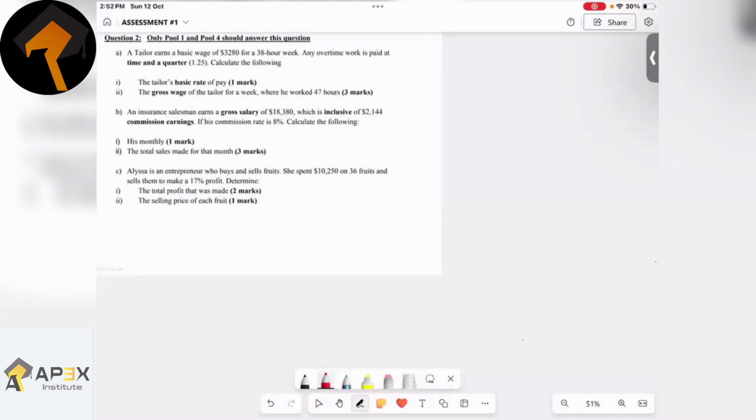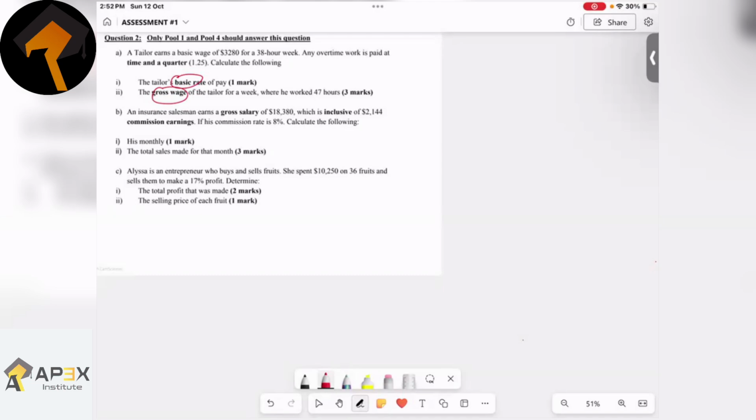And from this information, you are to calculate 1, the tailor's basic rate of pay. If you notice also, guys, I have placed basic rate in bold and I've also placed gross wage in bold.